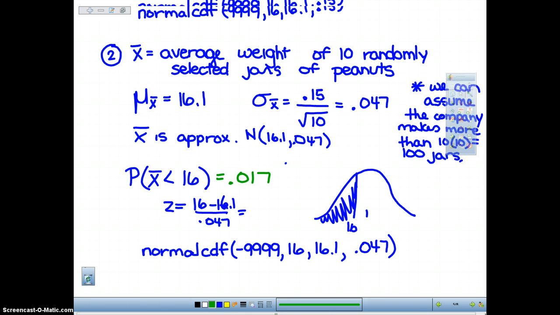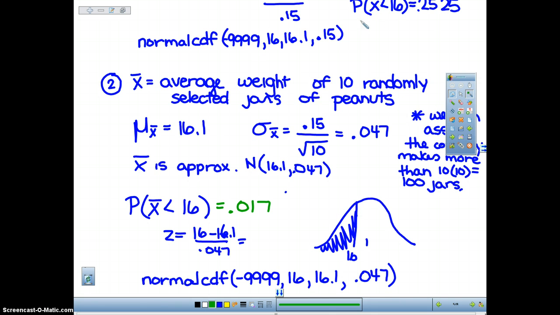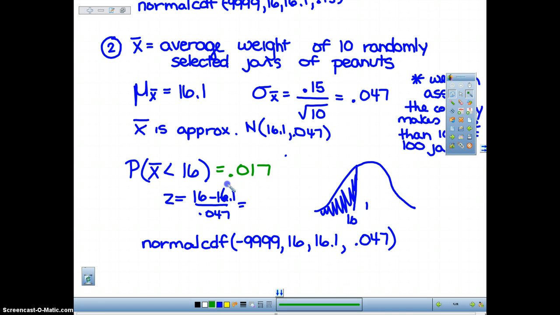So then I can say, while I have a 25% chance of picking one jar and it being less than 16 ounces, I only have a 1.7% chance of picking 10 jars and their average being less than 16 ounces. So this is clearly the smaller probability and is less likely to happen.